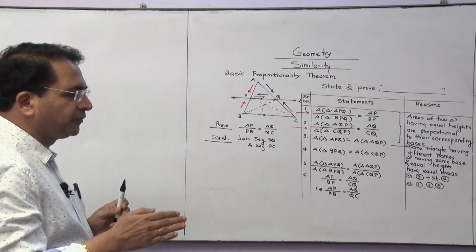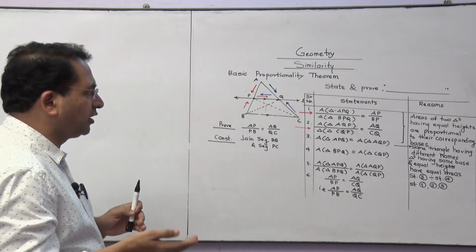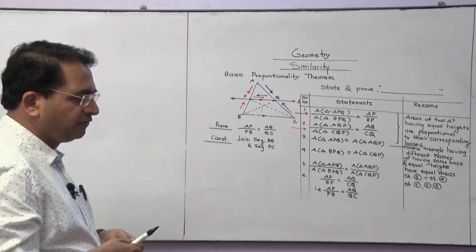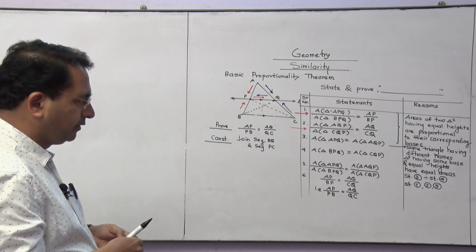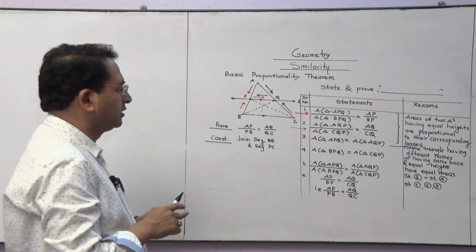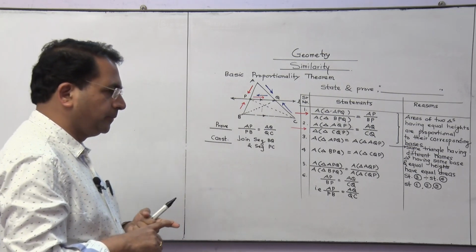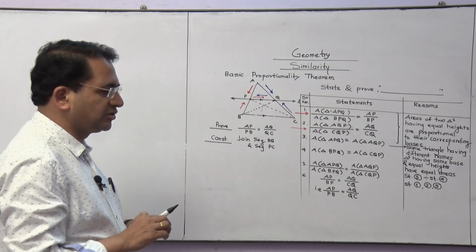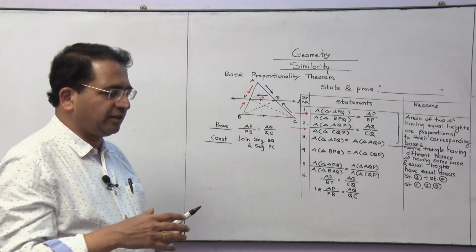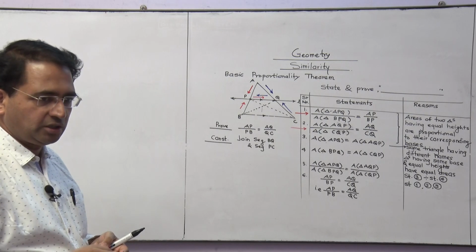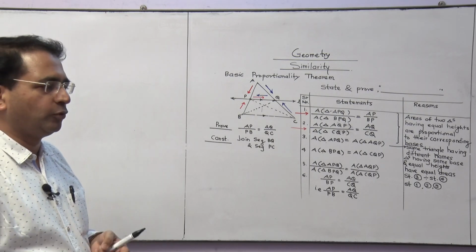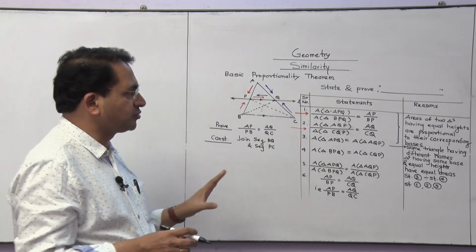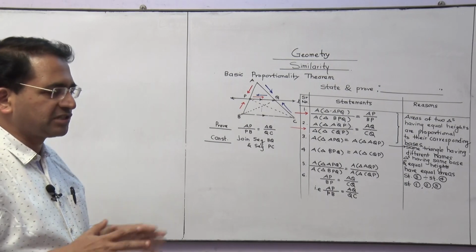Once you cover the theorem, see the questions in the textbook, you can easily manage them. Trigonometry, basic proportionality, similarity and Pythagoras are the chapters where they can probably ask you a question based on a textbook. I am coming to that, but this is the first important proof of this topic. I hope you have understood this.